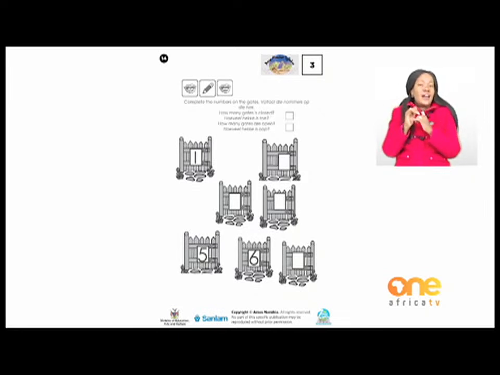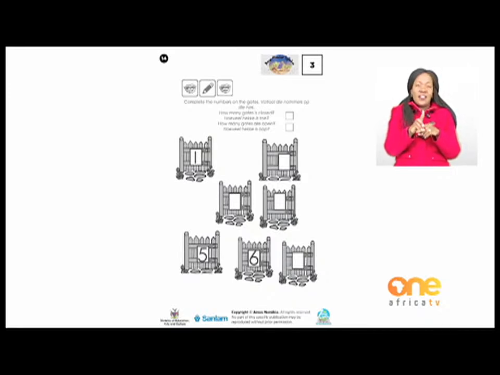Now you need to write in the missing numbers. After number 1, what number comes next? Write it in to the open space of the gate just close to number 1 on the top row. When you are done, what number comes after the second number?